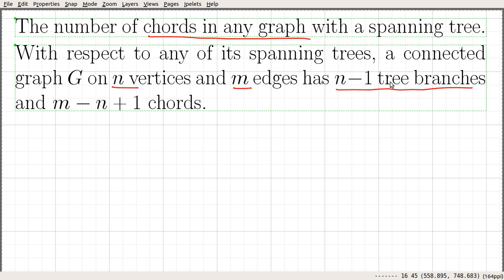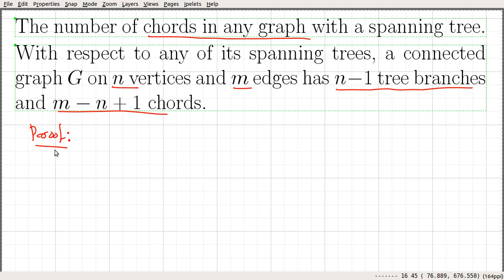The tree branches correspond to the number of edges in the spanning tree. Since the spanning tree has n vertices, the number of edges will be n minus 1. So it has n minus 1 tree branches and m minus (n minus 1), which is equal to m minus n plus 1, chords. Let's go and prove this one.